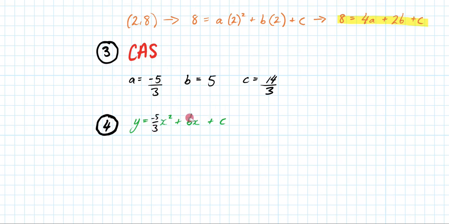In my b spot, I will have 5. And in my c spot, I will have 14 on 3. So my final answer is y equals -5 over 3 x squared plus 5x plus 14 over 3.